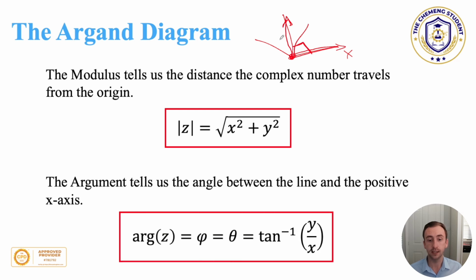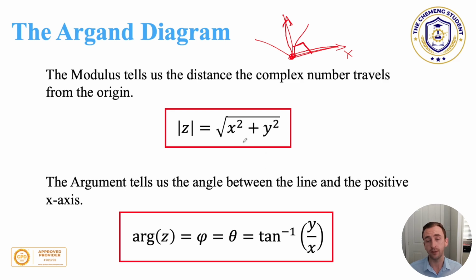And this is denoted using, there are a couple of different nomenclatures that you use. For me personally, I either use the acronym arg z or theta. But either of these is acceptable, it's just a nomenclature. The key thing here is the right-hand side of the equation, which is the inverse of tan with the y-coordinate divided by the x-coordinate.